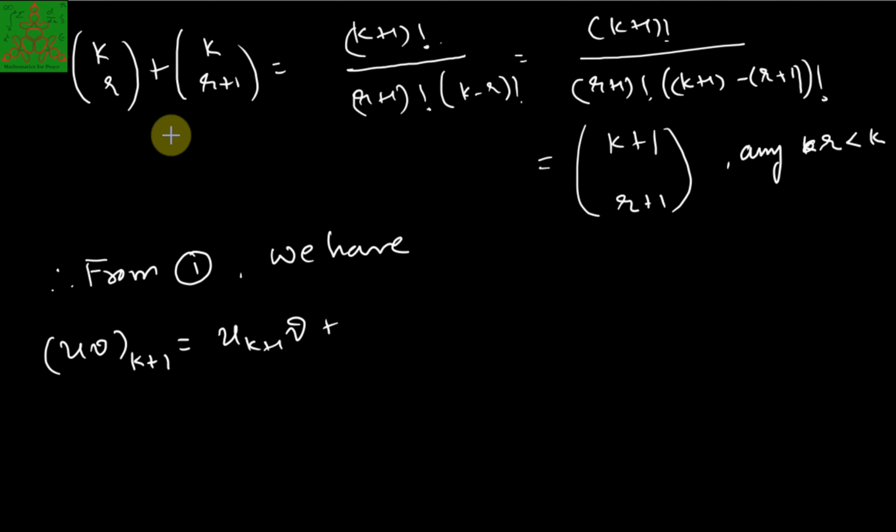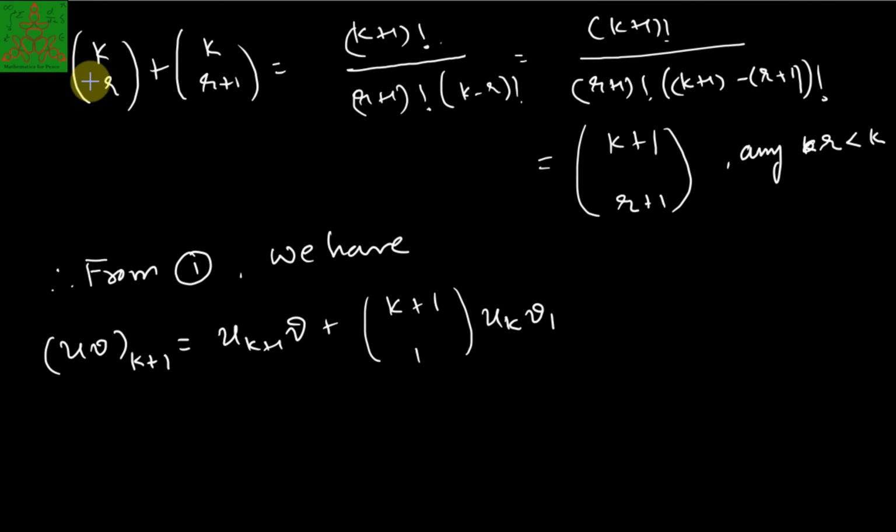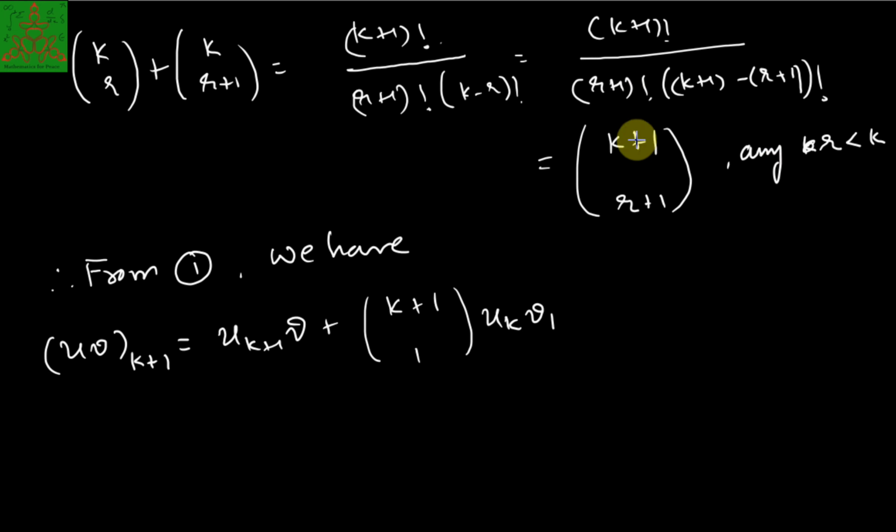So for r equal to 0, you will have kc0 plus kc1. This is k plus 1 c1. So it is k plus 1 c1 uk v1. According to this result, for r equal to 1, it is kc1 plus kc2, and we have here uk minus 1 v2. So that is k plus 1 c2 uk minus 1 v2, up to so on.